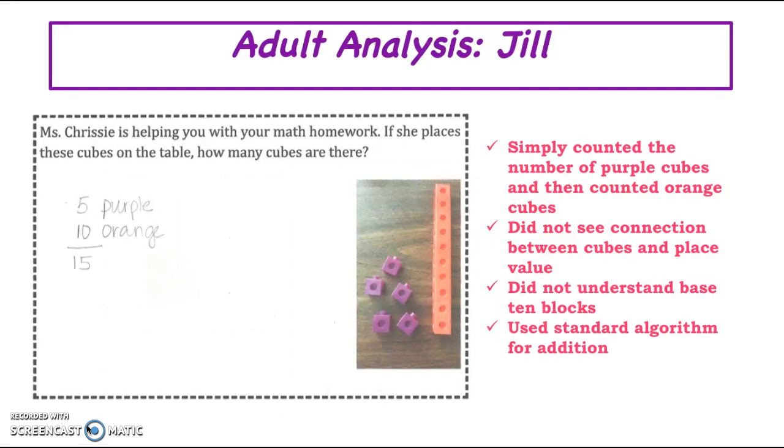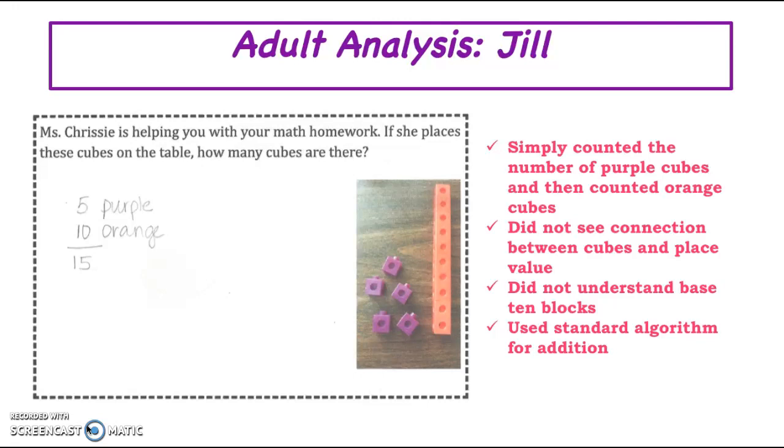She just arrived at the correct answer. So for this third question, she arrived at the right answer, and how she solved this was first she counted up the number of purple cubes, and then she counted up the number of orange cubes, and then she added them together. So Jill did not really see a connection between the cubes and place value.